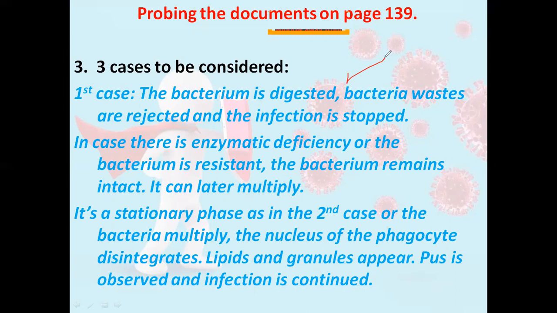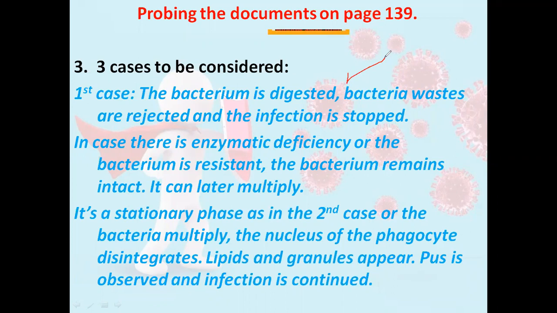What does this mean? This means that we have enzymes that are not present. So this bacterium is going to remain. Or the bacterium is resistant, and it will also stay and multiply more and more.